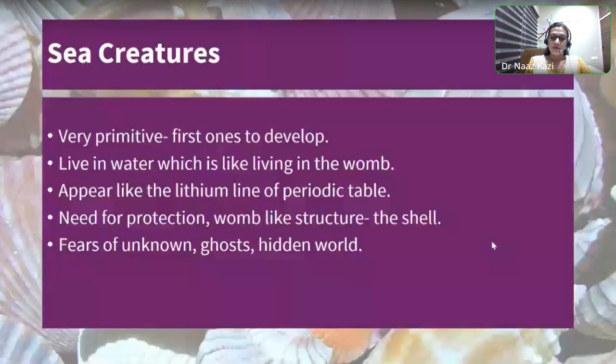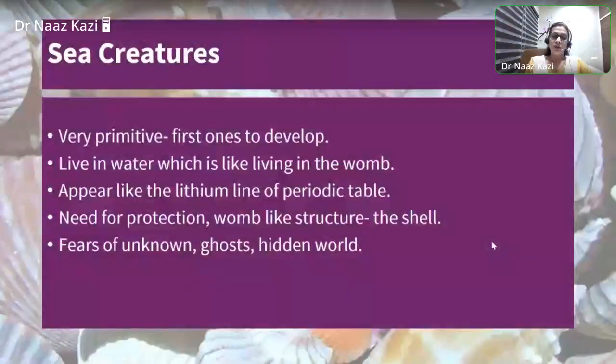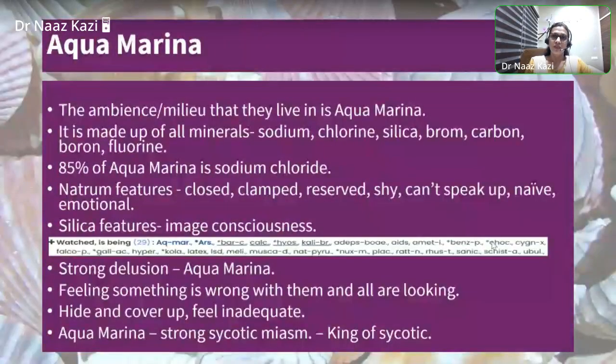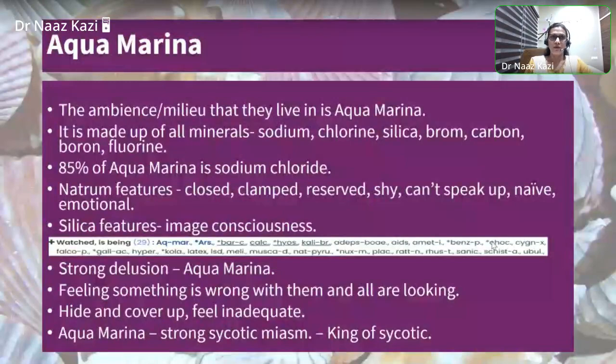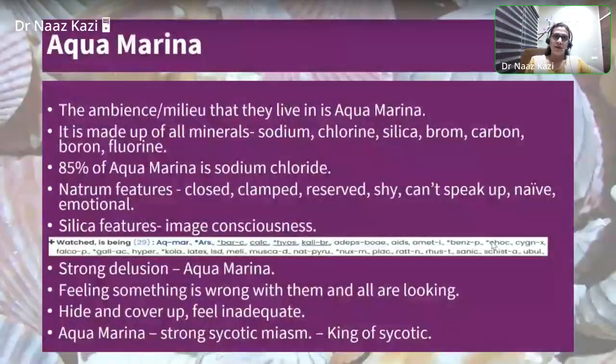Now, since we said that they live in the sea, which is the aqua marina, which is common to all the sea bodies across the earth, and aqua marina is their environment, this also has to have some kind of an impact on them. And our patients will also express these features of the aqua marina.